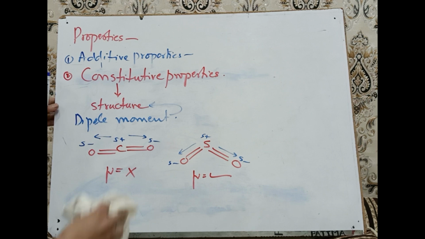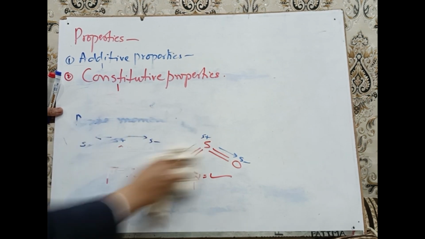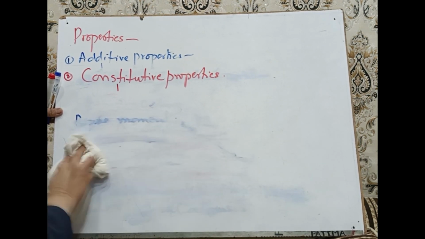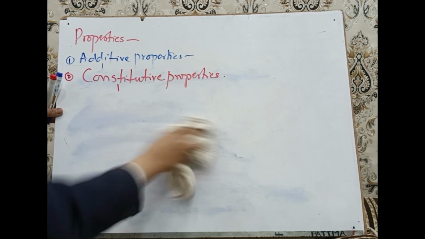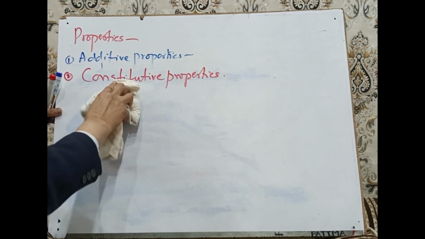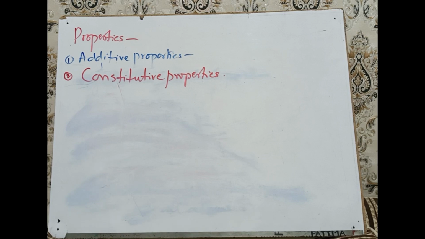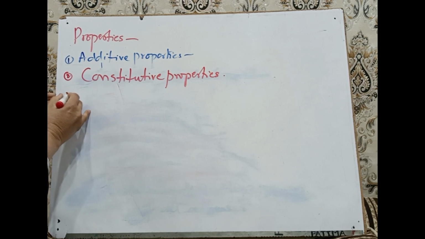A third type of properties in chemistry are called colligative properties.